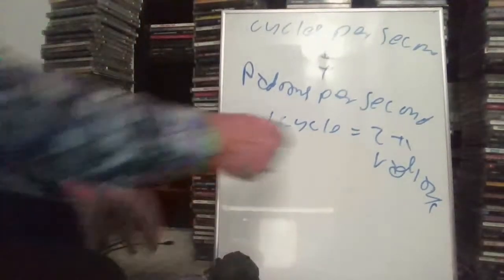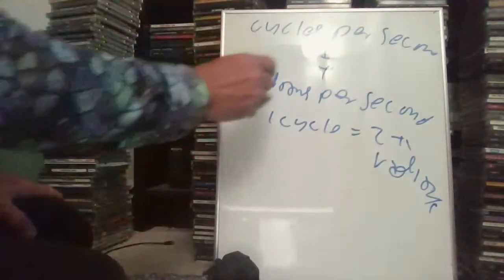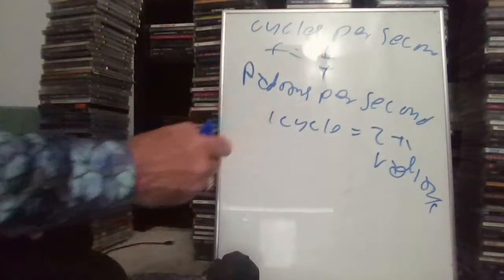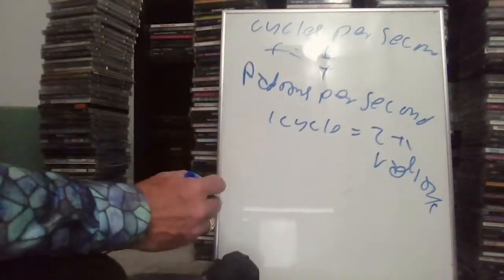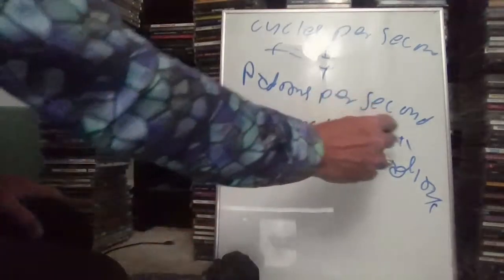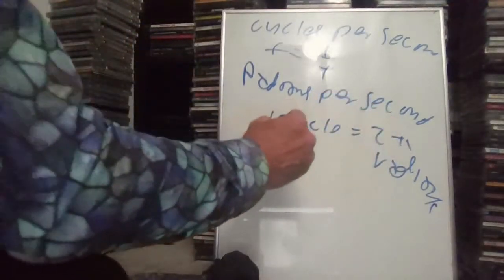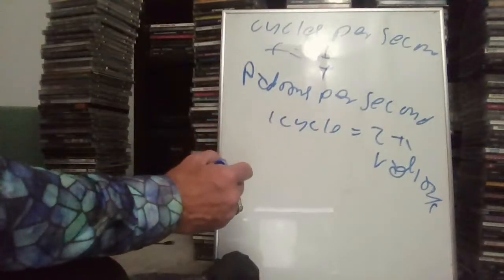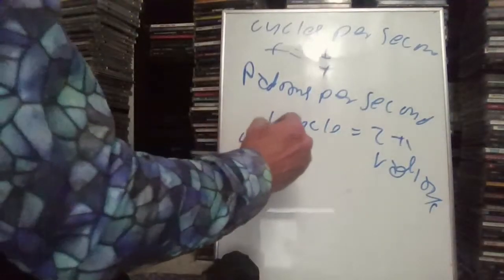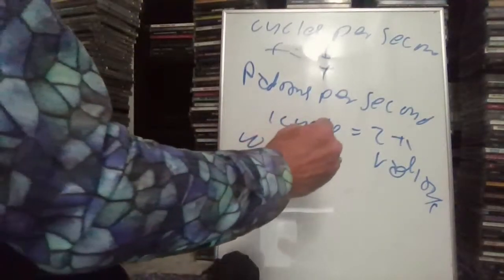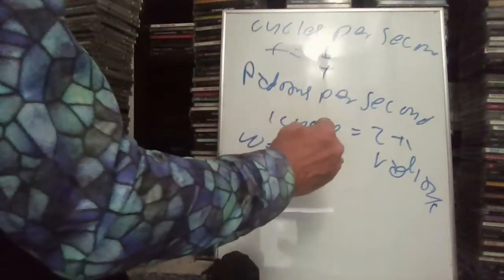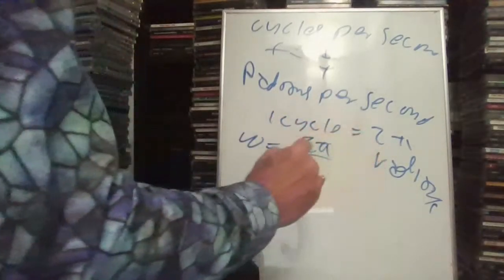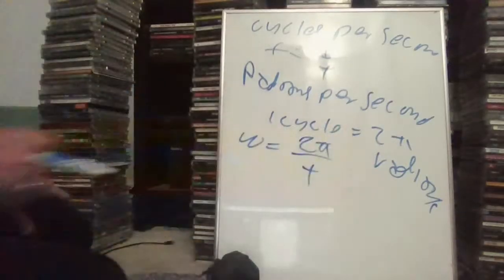So if one cycle equals 2 pi radians and the frequency is 1 over t, then a frequency in radians, instead of cycles per second, would be 2 pi radians per second.